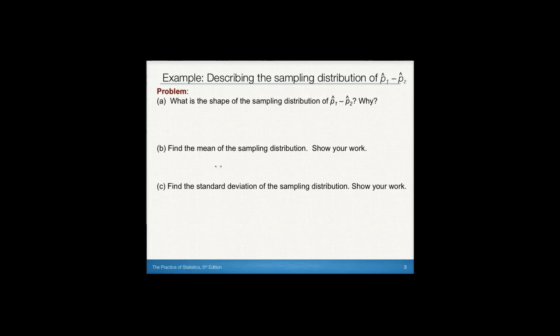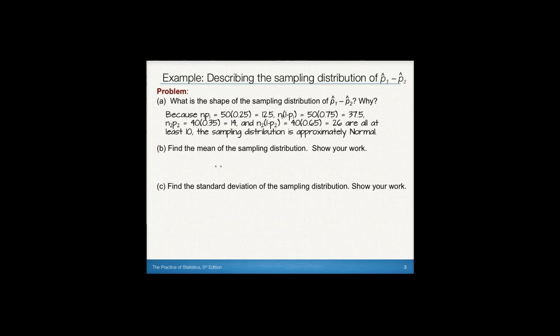Now what's the shape of this sampling distribution? Well, because n1 p1 is equal to 12.5, n1 times 1 minus p1 is equal to 37.5, n2 p2, our sample size for the second bag times the proportion of red crackers, is 14, and n2 times 1 minus p2 equals 26, they're all at least 10, so we know that the sampling distribution will be approximately normal.